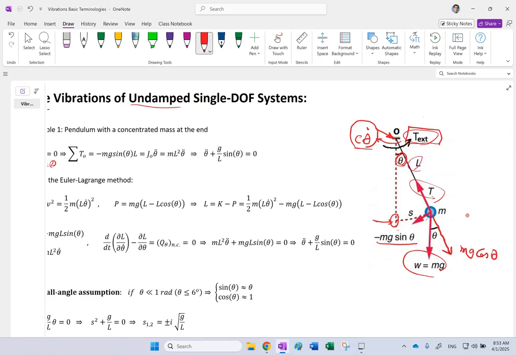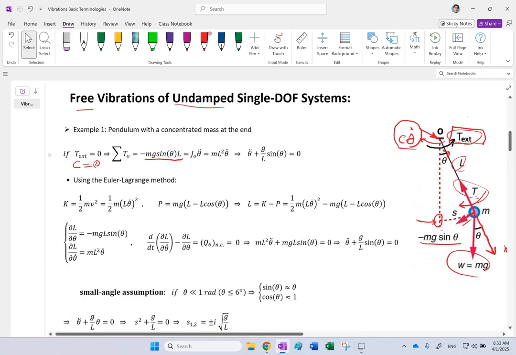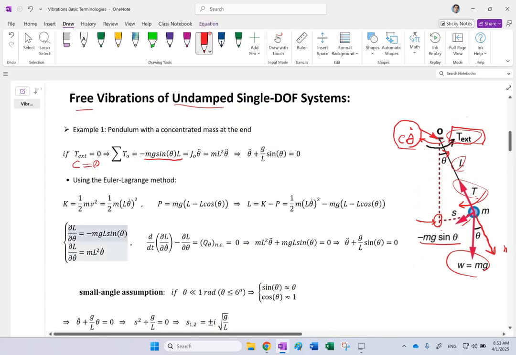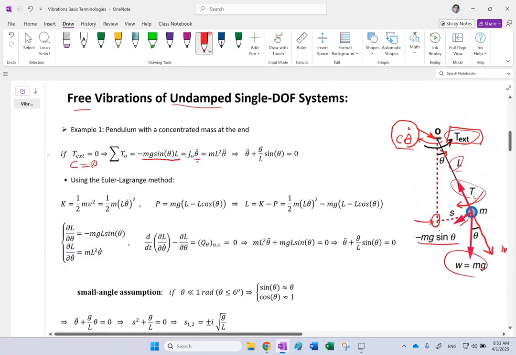And if you see, the way that the angle is increasing is counterclockwise. So the angle is increasing from 0 to non-zero counterclockwise, but the moment of this mg sine is clockwise, right? Therefore, the moment is going to be negative mg L sine theta, and this is equal to the polar moment about point O times theta double dot, or alpha, angular acceleration.